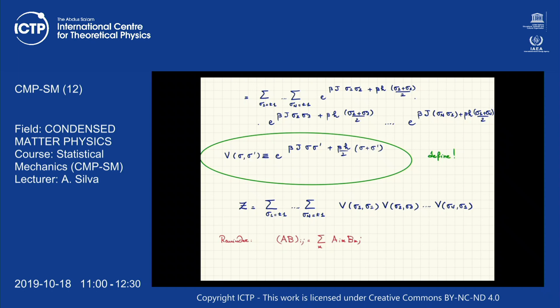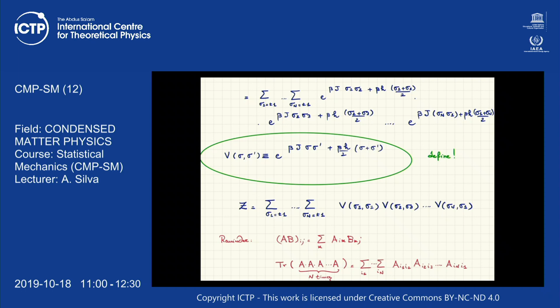And if I want to write, for example, the trace of the matrix A times A times A times blah blah blah, A n times, then this is equal to the sum over I1 all the way to In of A I1 I2, A I2 I3, etc., A In I1, and that's it.